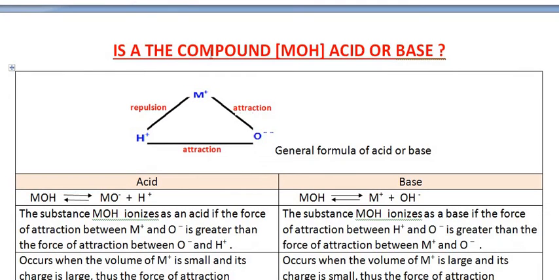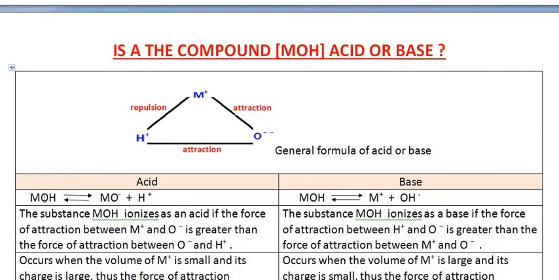If you have a compound MOH, M is an element, OH is oxygen and hydrogen. Any compound in the form of MOH may be an acid or a base. For example, MOH may dissociate to form MO minus plus H plus.